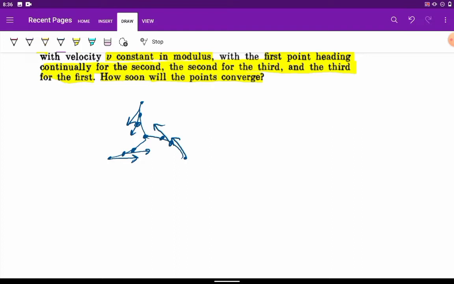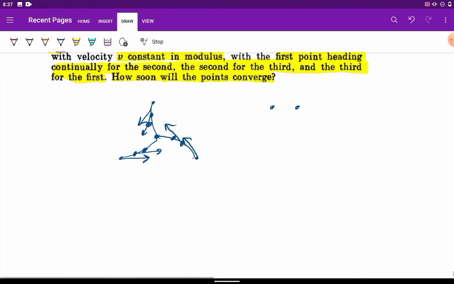However, the magnitude of the velocity is constant. In such cases where particles are moving towards each other, the directions are obviously changing at every moment. So it is easier to deal with only two particles at a time, right?